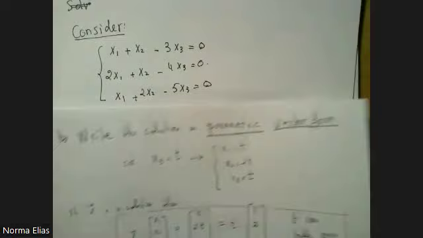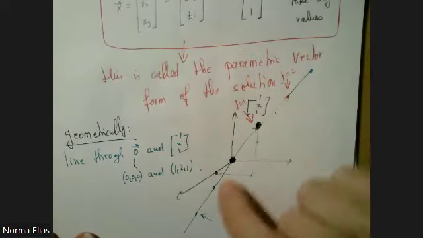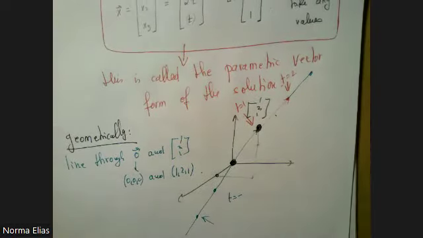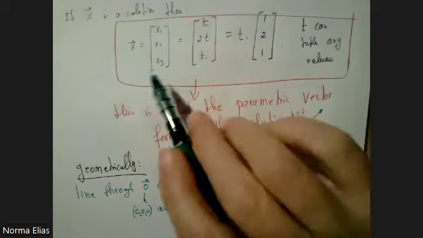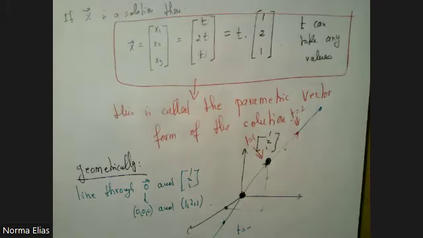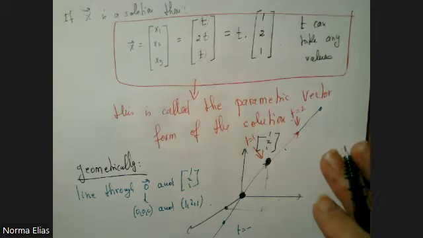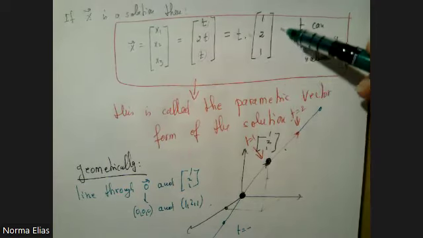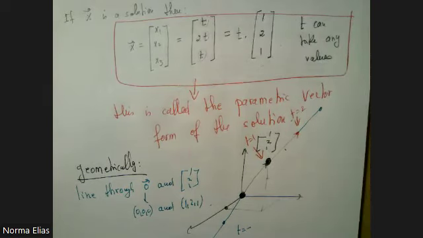That's really what the solution should be. And the solution here, this line, is basically the intersection of the 3 planes. So we're really getting a line, and it makes sense geometrically. So this is called the parametric vector representation. It really helps us to understand fully what the solution is. So every solution is a scalar multiple of this vector.